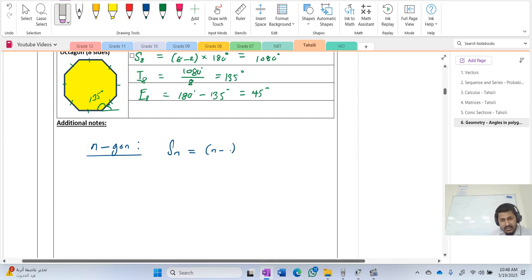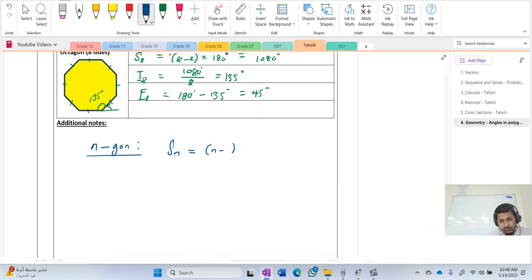Each interior angle is equal to Sn, the total sum, divided by the number of sides. The exterior angle is equal to 180 minus the interior angle. I hope you guys understood that.